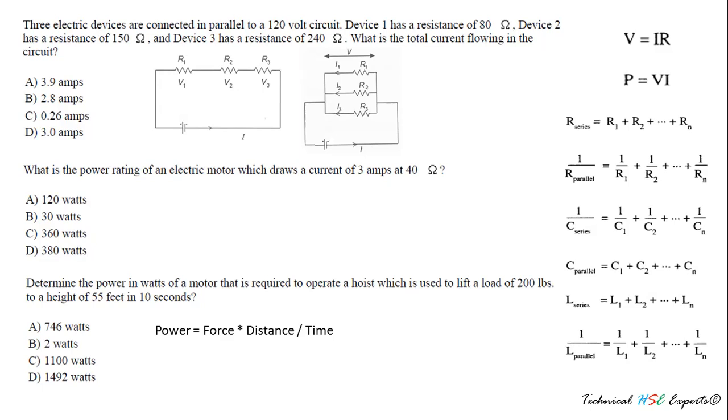Initially we want to find the answer in foot pounds and finally we want to convert that to watts. So power equal to 200 pounds into 55 feet divided by 10 seconds.